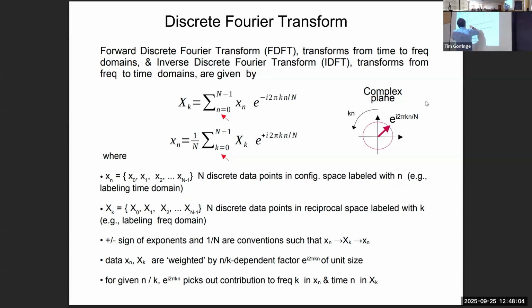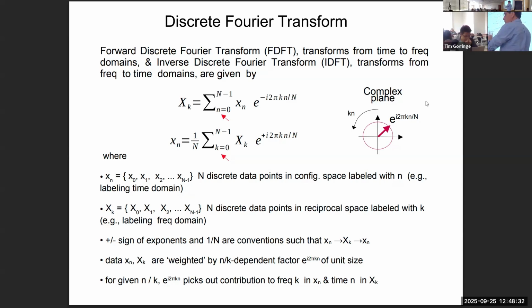And the conversion involves weighting either the time domain data or the frequency domain data by this complex exponential here, and summing over all the data, summing over the time domain data in the upper equation, summing over the frequency domain data in the lower equation here.